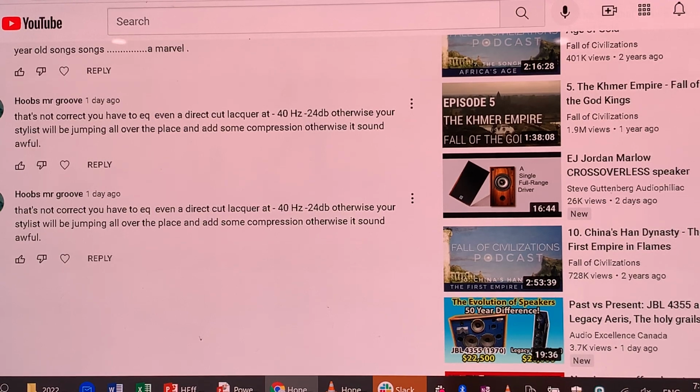Because if there was no NAB correction or no inverse RIAA correction, we would not be able to use vinyl or master tape as a media. Without RIAA correction, onto a record-size disc, instead of 30 minutes, we would be able to fit 30 seconds of material if we wanted to record down to 20 hertz.